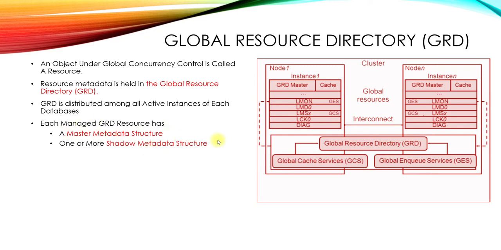The master data structure defines all the details of the metadata for that specific object, and the shadow just defines the overall picture. We will see the difference between the master and the shadow. Because these services reside in RAM, in the SGA, they use memory from the shared pool.